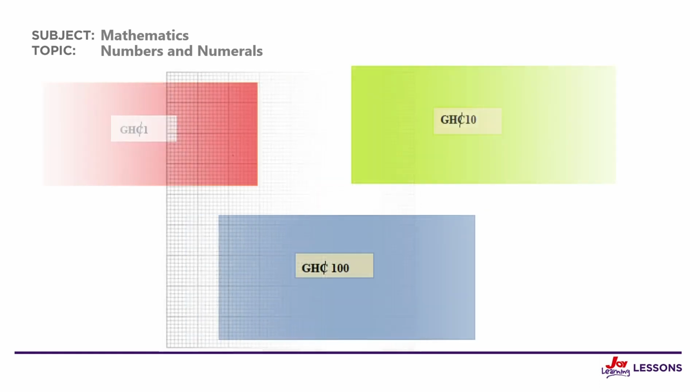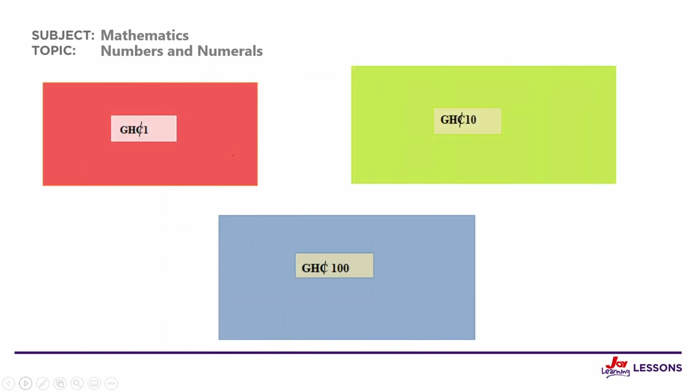And then in our previous lesson, we also used the self-made currency notes to represent numbers. So we learned that we use the red colored sheet to represent one cedi. Let's imagine you are given a particular commodity to buy.